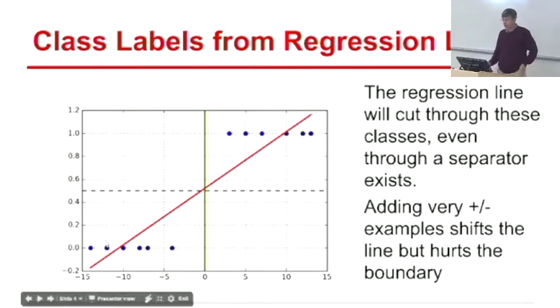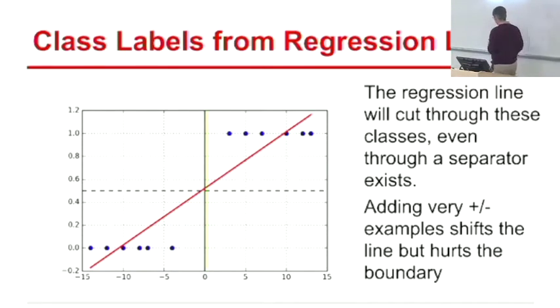Suppose I have a training set that says minus 2 belongs to a class called n, and minus 7 belongs to a class called n, and 3 belongs to a class called p, and 5 belongs to a class called p.